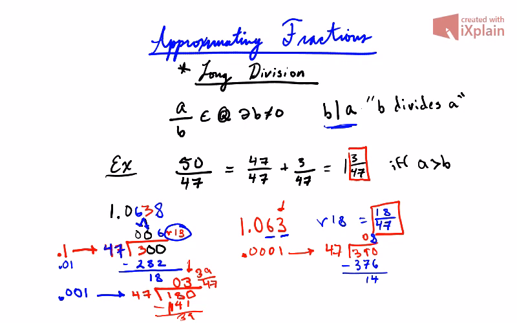And if you really put this in your calculator, 50 divided by 47 is 1.063829787. So if you keep doing this process, like we just found the first 4, you'll keep getting all these numbers. You'll keep generating a list of numbers.